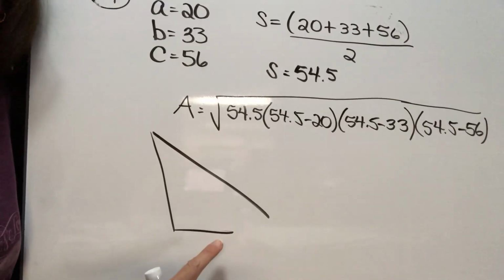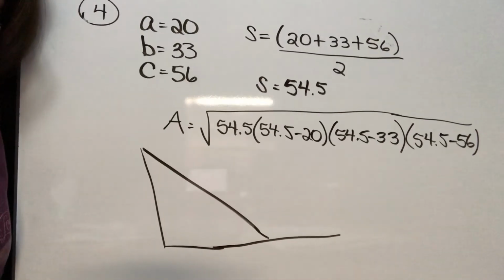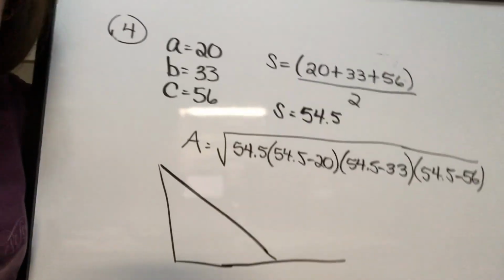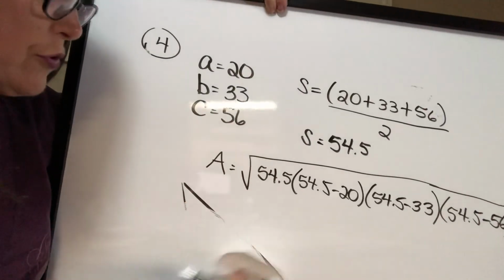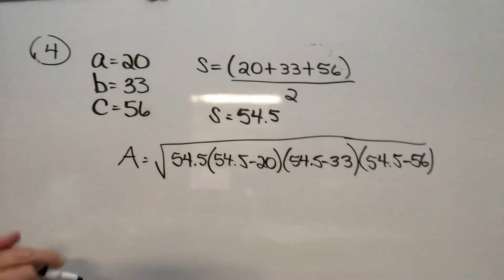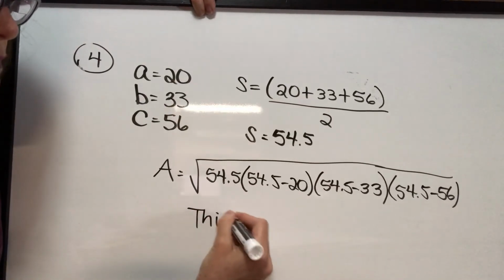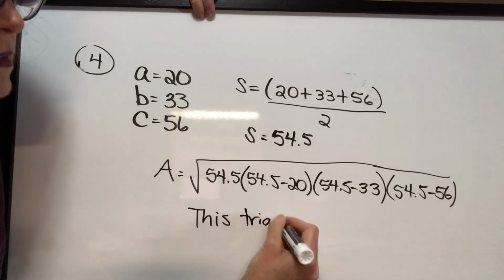So maybe it would look like this. Or it could be that one piece is too long and it would be something like this, where it could not make a triangle. So it's either that one side is too short or too long. So whenever you get that error message on the calculator about a non-real answer, that means that this triangle does not exist.